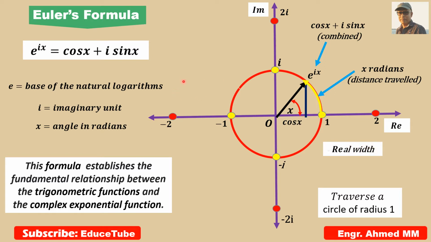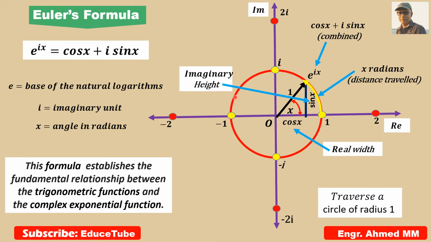Also, we can find another important thing from the formula. It says exponential or imaginary growth traces out a circle. Look at it, it traces out a circle.